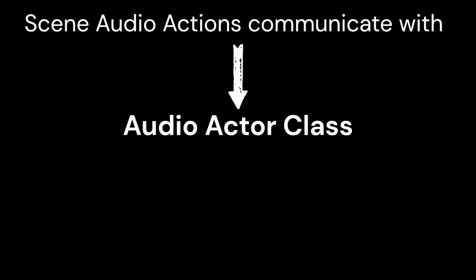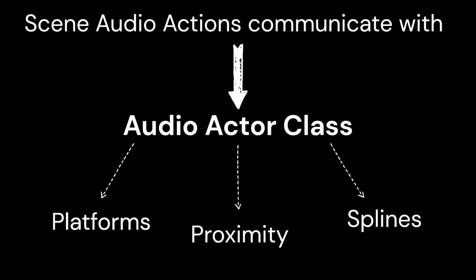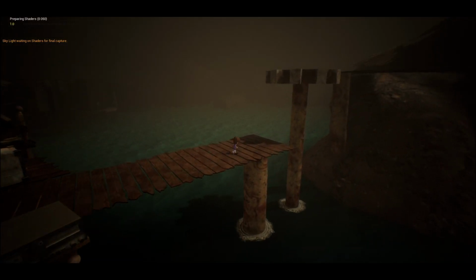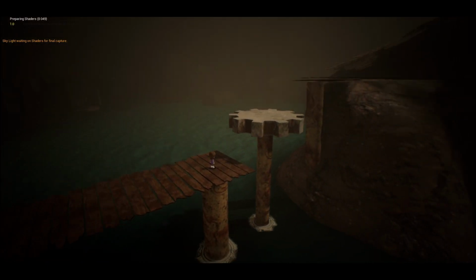To further expand the functionality of audio actors, we created actors that inherited from that class and in most cases overrode the main events to match the needs. This is the case for platforms, which take reference from the level and bind on the functions of each one.